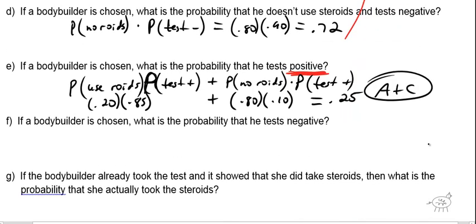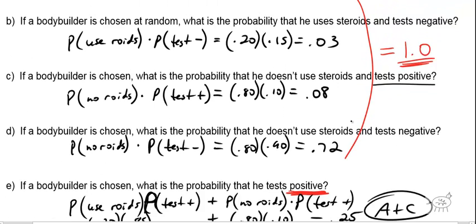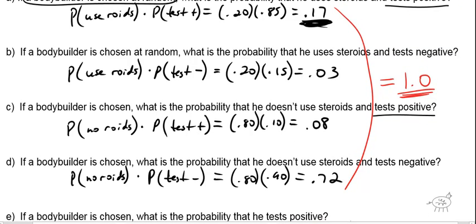All right. So this one is that he tests negative. So really, when you test negative, if you look at it, that's B and D. So it's just going to be adding those two together.